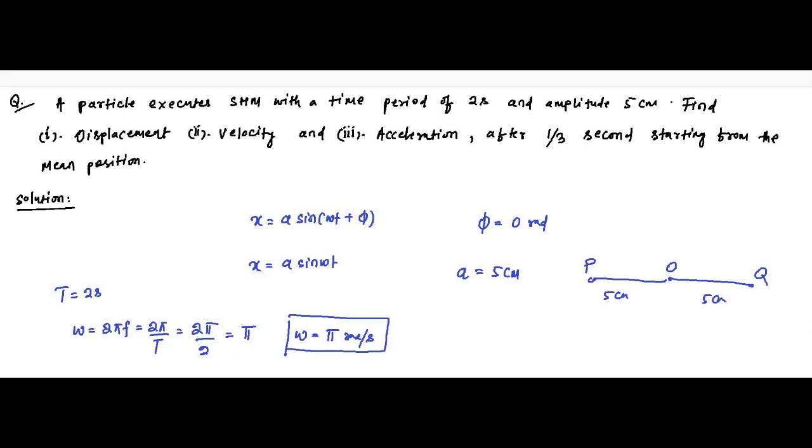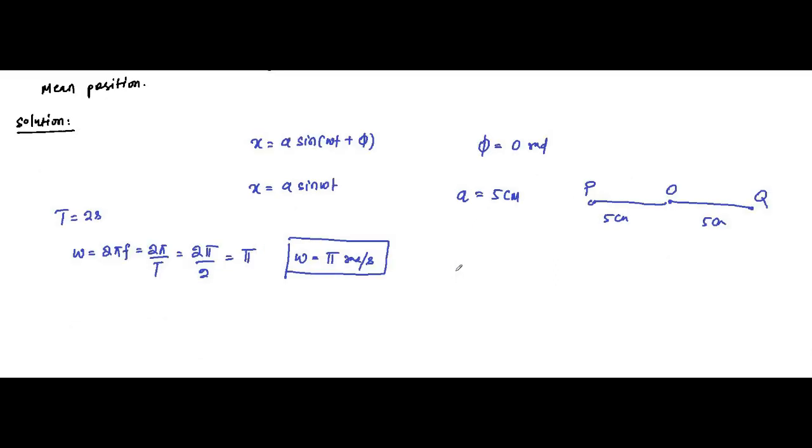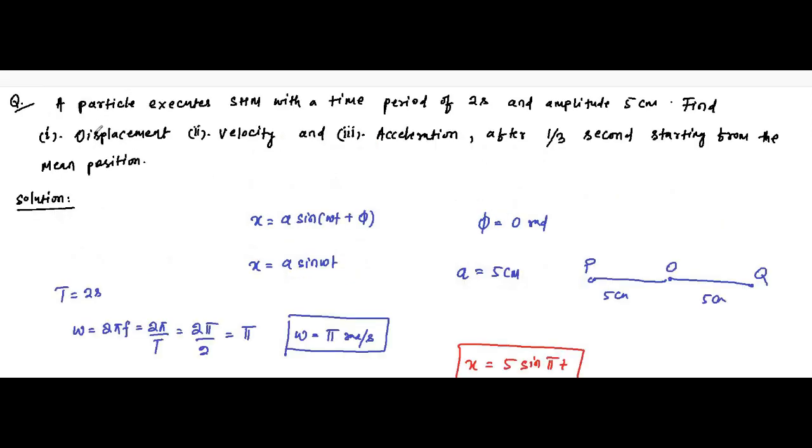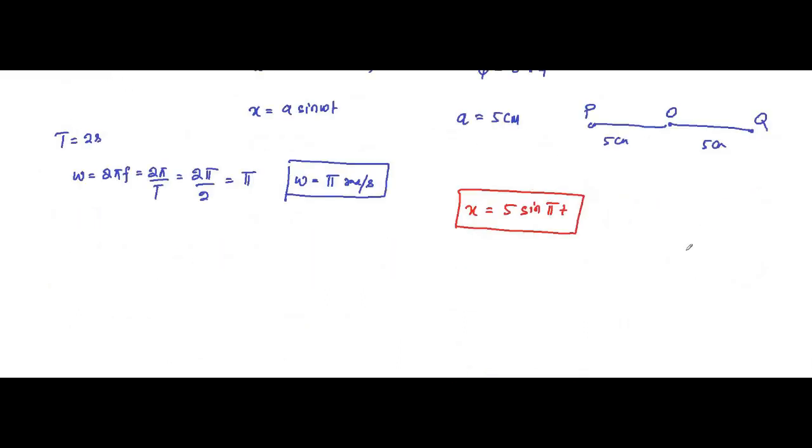So now the SHM equation, substituting these values, is x is equal to a, which is 5, sine pi t. Now we have to find the displacement, velocity and acceleration after 1 by 3 second, which means we have to substitute t with 1 by 3 seconds.